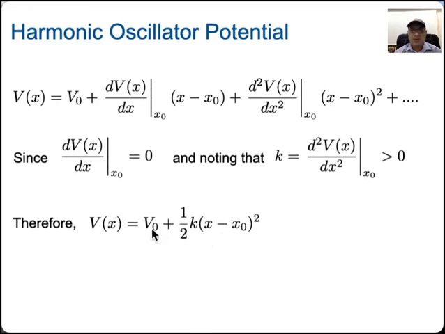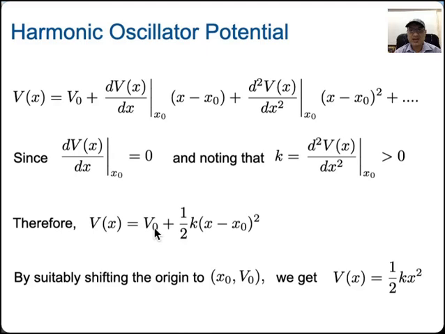Now the position of the minimum in the potential and its value is completely arbitrary. So I can shift the position to the origin in such a way that V0 becomes 0 at x equal to 0.